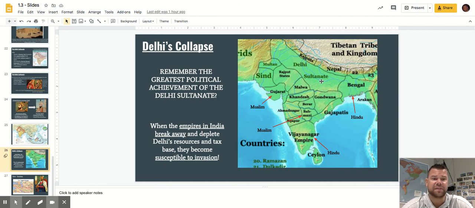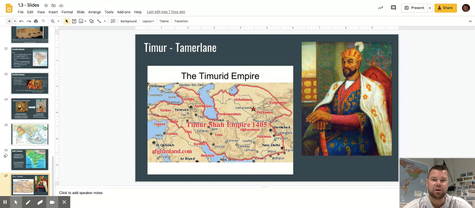And by taking over and shoring up all of these areas in the north, they prevented this guy, Timur, or Tamerlane, who was one of the most successful Mongol leaders, from taking over the Indian subcontinent. So they blocked Mongol expansion south, and no one had ever really blocked the Mongols before. They did it by politically uniting that region. And also, they had similar weaponry tactics to the Mongol hordes that were invading.